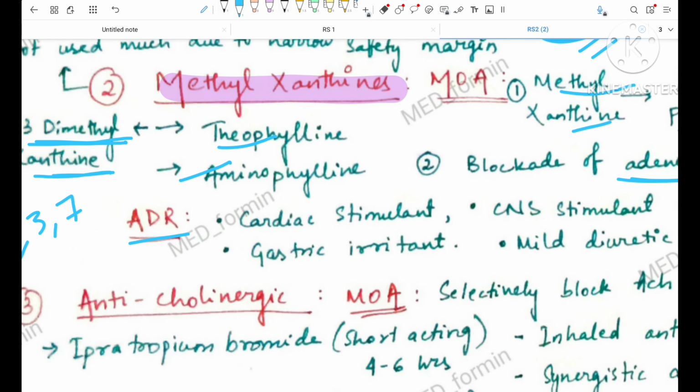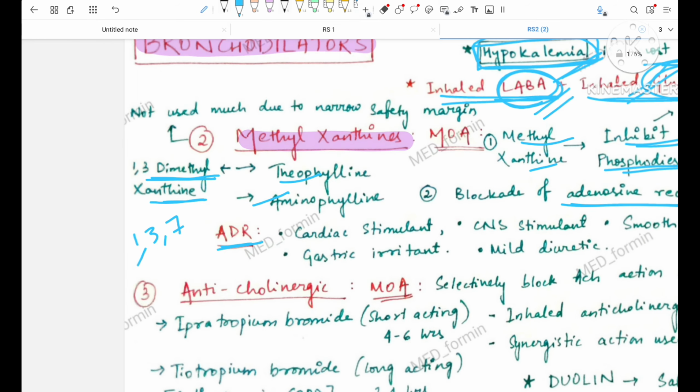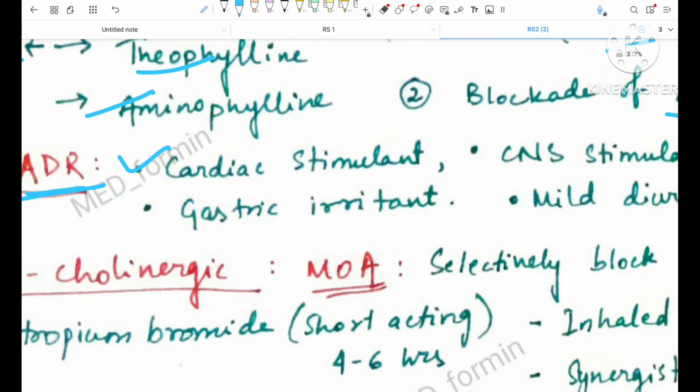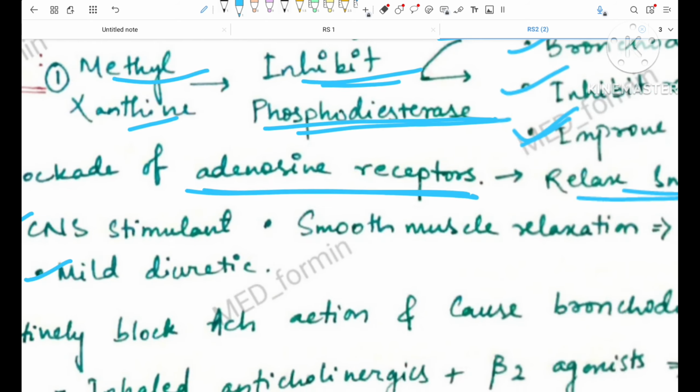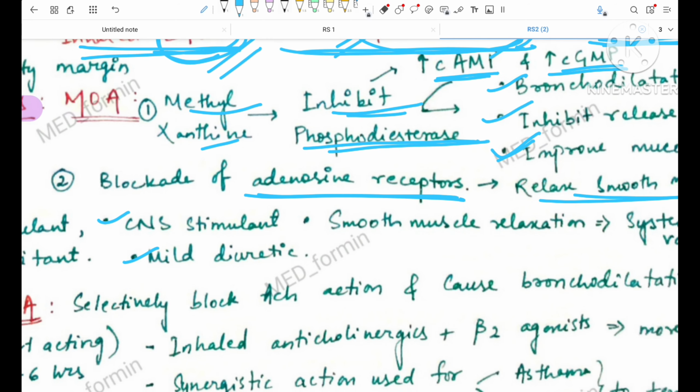Now, what can be the adverse effects of methylxanthines? They are a cardiac stimulant and gastric irritant, CNS stimulant, mild diuretic, and they cause smooth muscle relaxation, which causes vasodilation. Here we can see the effects are similar to those of caffeine, right?